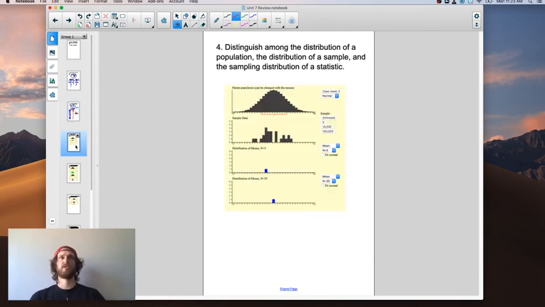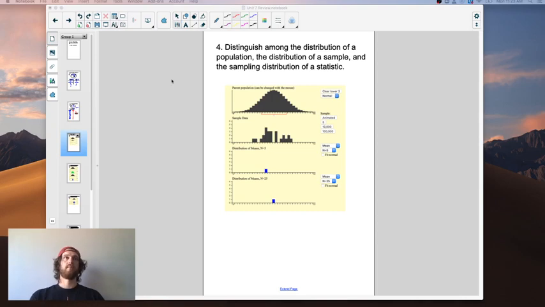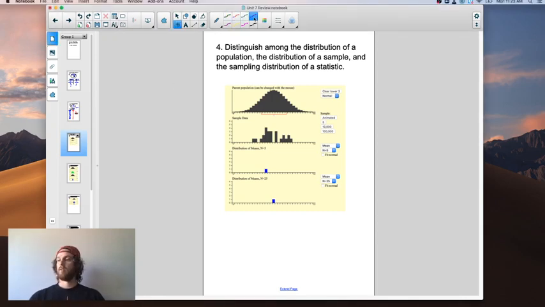Okay, it says distinguish among the distribution of population, the distribution of the sample, and the sampling distribution of a statistic. So let's go ahead and take a look at this real fast. Yeah, so up here, this is our population.